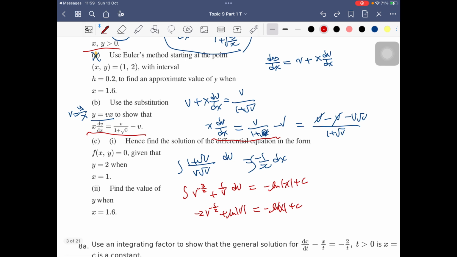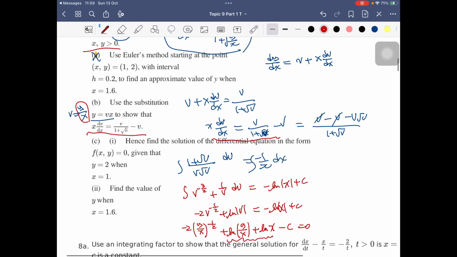So here, as v was y over x, negative 2 times y over x to the negative 1 over 2 plus ln y over x plus ln x minus c equals 0.